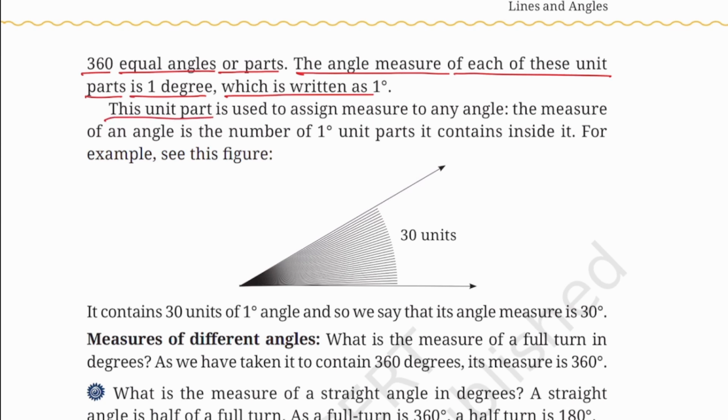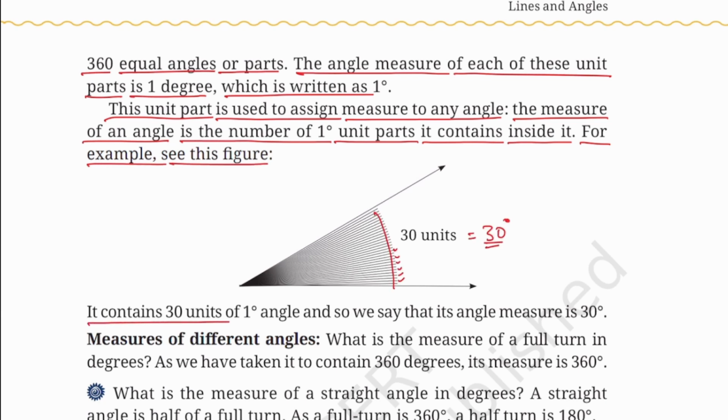This unit part is used to assign measure to any angle. The measure of an angle is the number of 1 degree unit parts it contains inside it. For example, see this figure. It contains 30 units of 1 degree angle, and so we say that its angle measure is 30 degree.